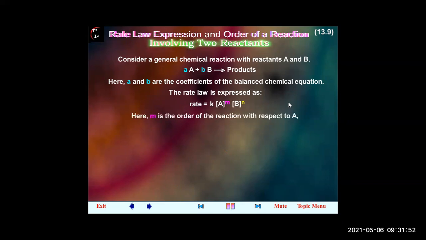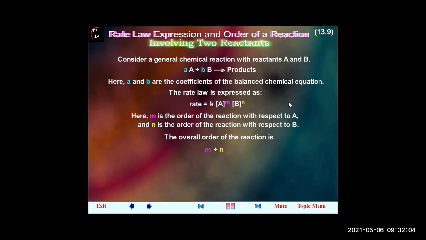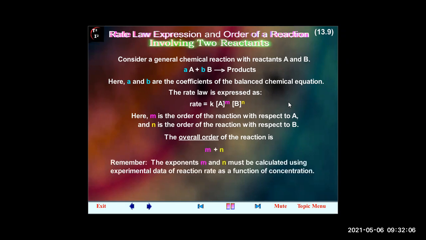Here, m is the order of the reaction with respect to A, and n is the order of the reaction with respect to B. The overall order of the reaction is m plus n. Remember, the exponents m and n must be calculated using experimental data of reaction rate as a function of concentration.